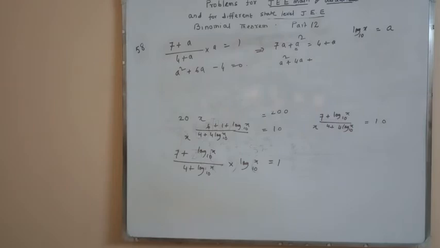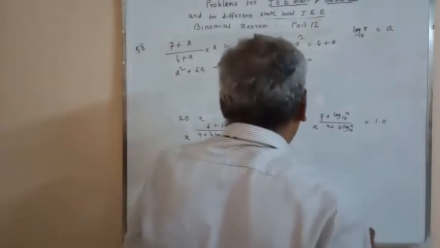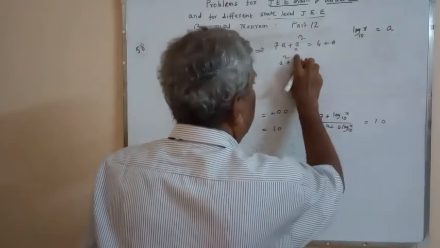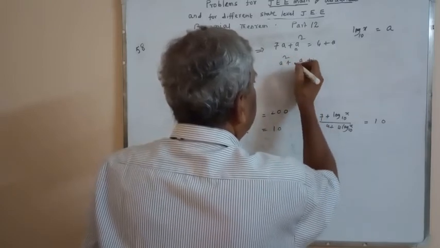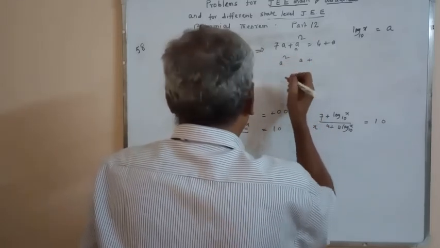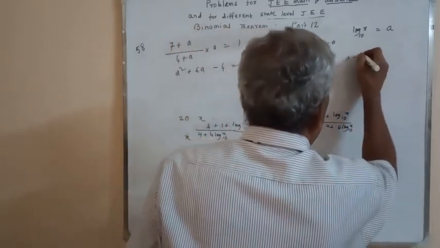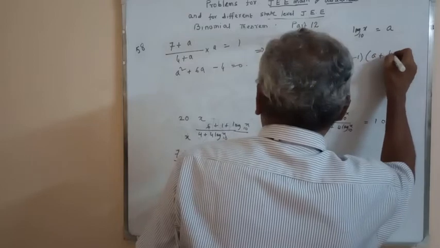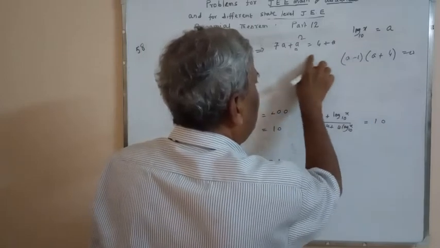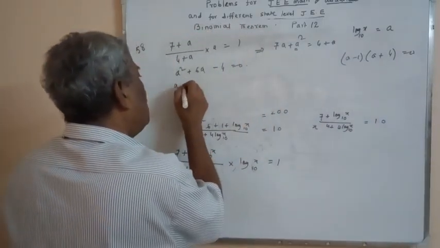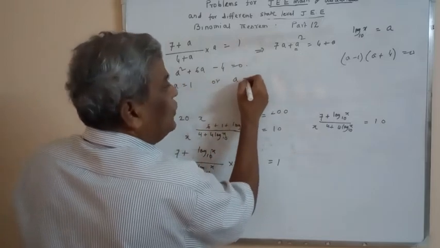Just 1 minute. One and 4. It is a square plus 4a minus a minus 4, that is, it is actually a minus 1 into a plus 4 is equal to 0. By factorizing it, it is that. So either a is equal to 1 or a is equal to minus 4.